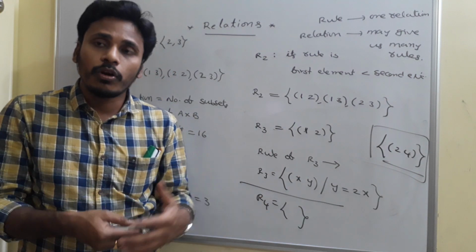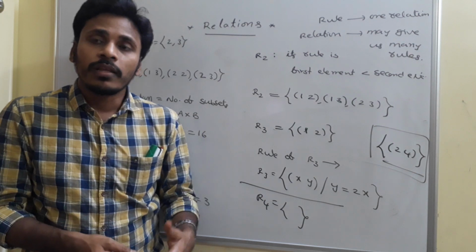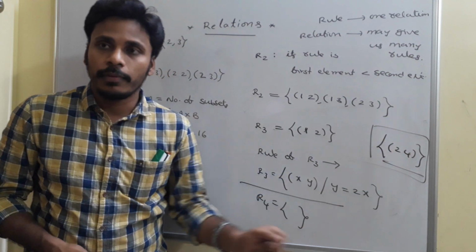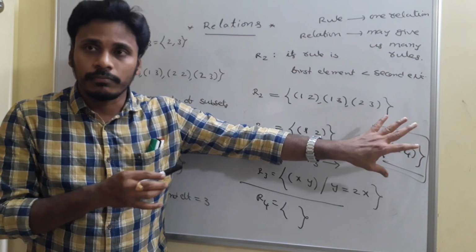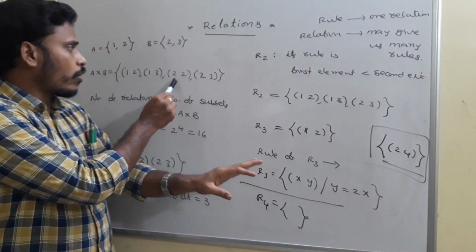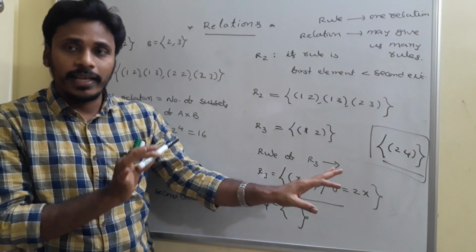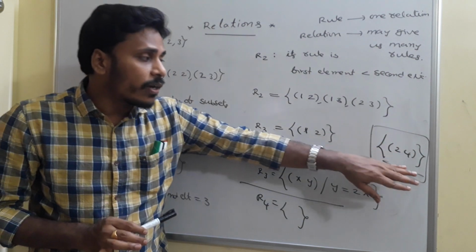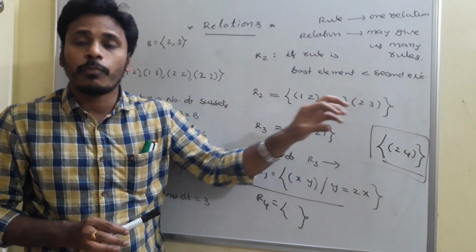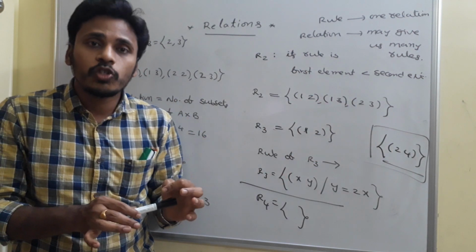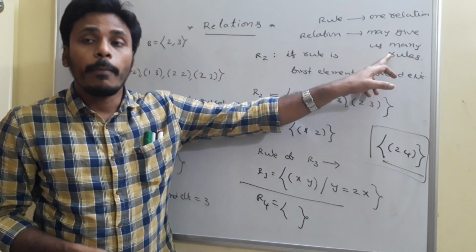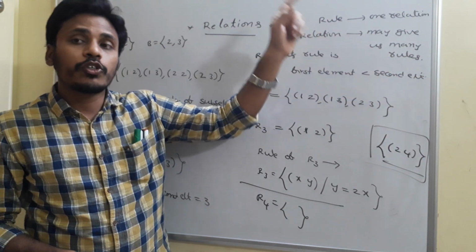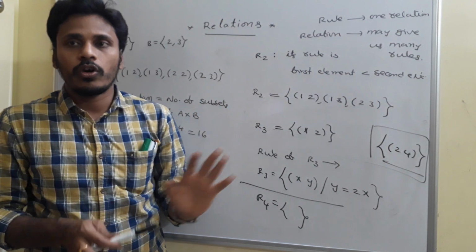If you think some more time, you can give more rules: the second element is 2 more than the first element. This is one relation for some A cross B, not for this one, because 4 is not there here. I mentioned it just as an example. So a relation will give us many rules, but if I have a rule, for sure there is one relation.